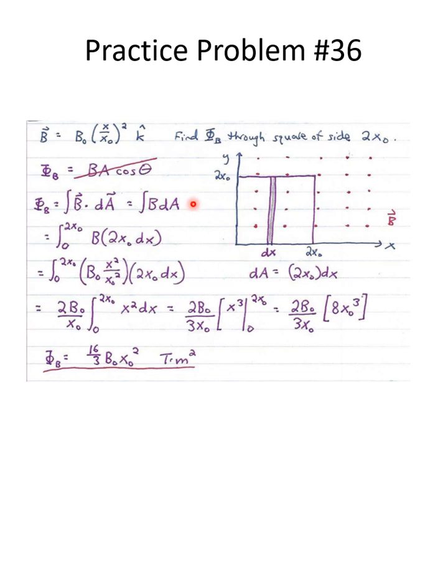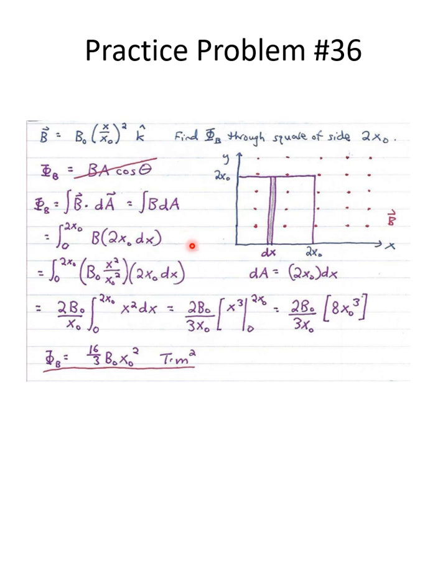So let's break down that dA into, right here, 2x naught times dx. Now instead of integrating over dA, we're doing it over dx. So we have the integral, where my marker is, of B times 2x naught dx. Since we're integrating over the variable x, we're going to go as far as the square goes on the x-axis. So it starts at 0 and goes to 2x naught, and those are the limits of integration.